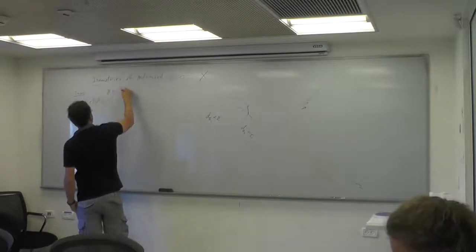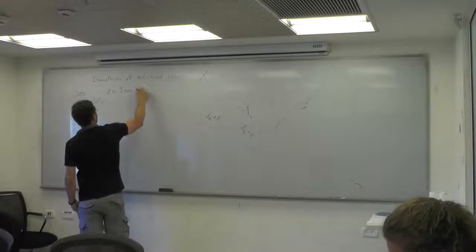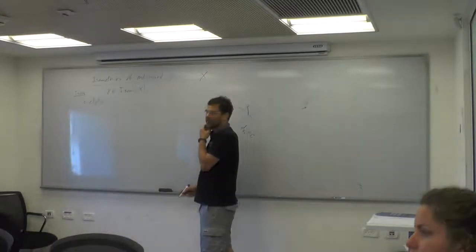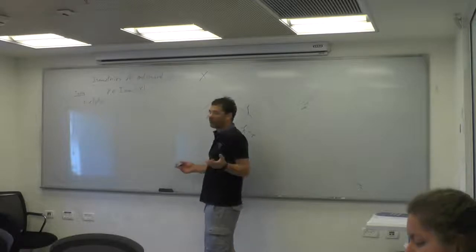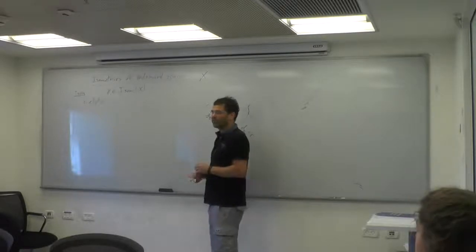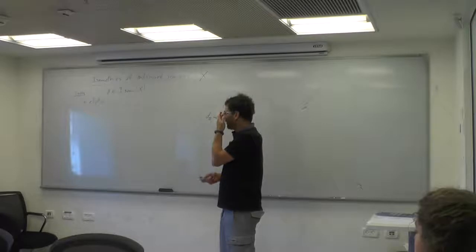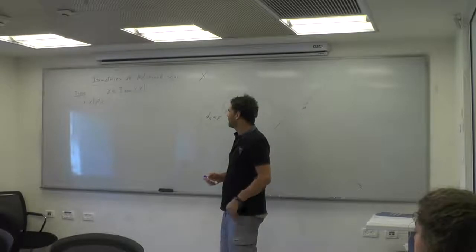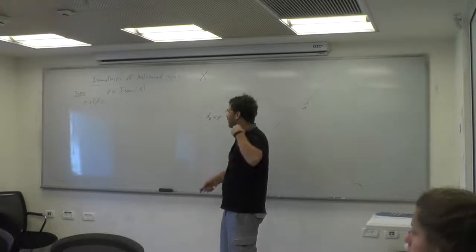X is simply connected, actually diffeomorphic to R^n, where n is the dimension of X, and gamma is an isometry.